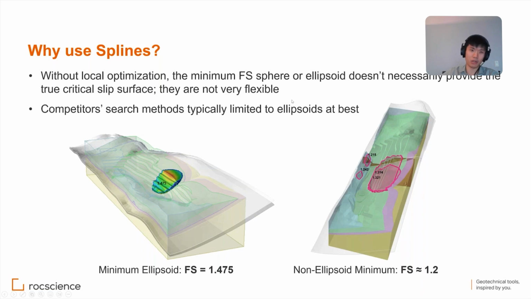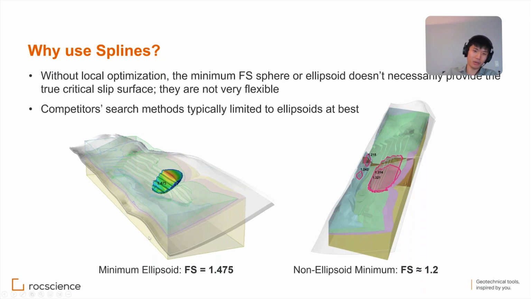We know that in the real world, most slip surfaces are not actually purely ellipsoidal or spherical. We also want to note that in terms of other software out there for limit equilibrium slope stability, most people only really have ellipsoids at best.